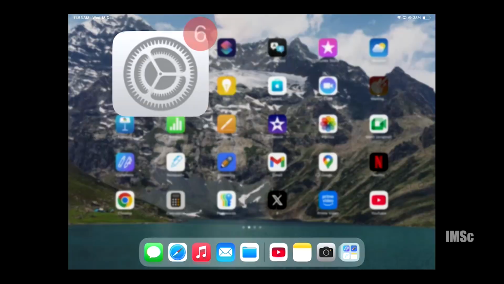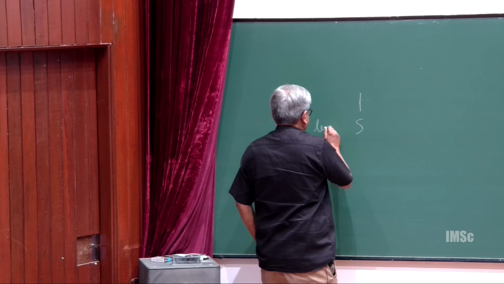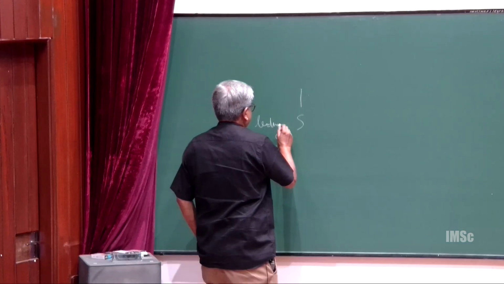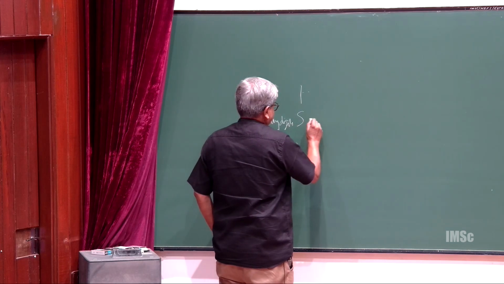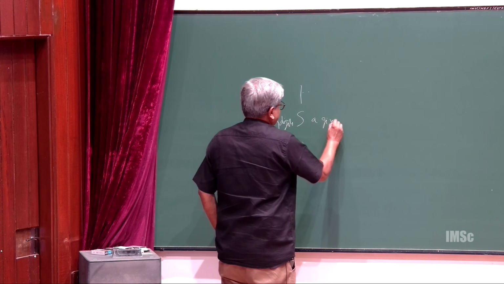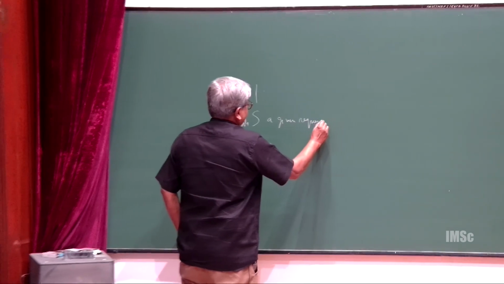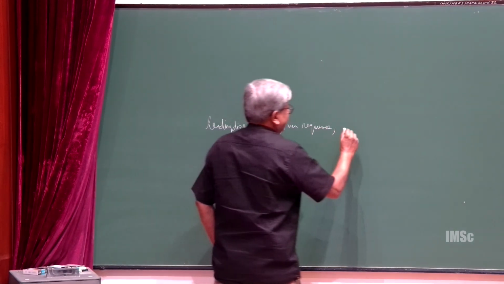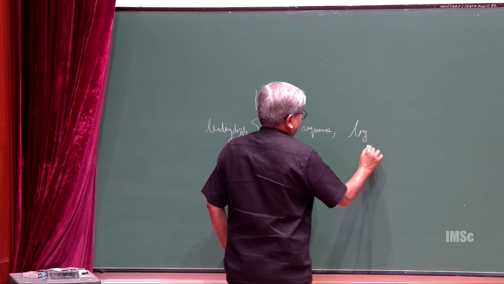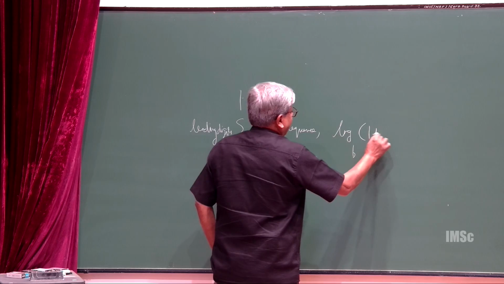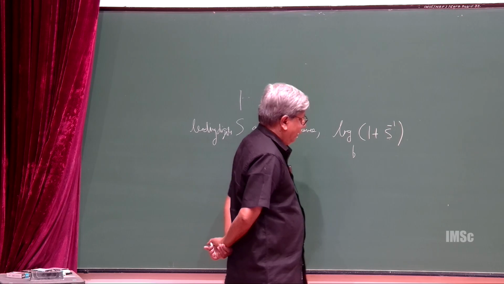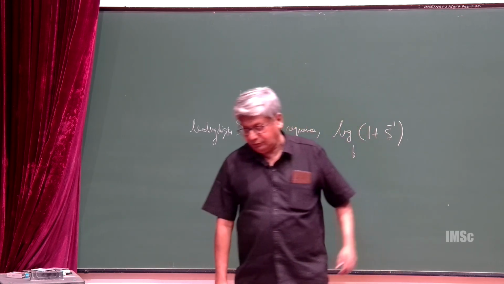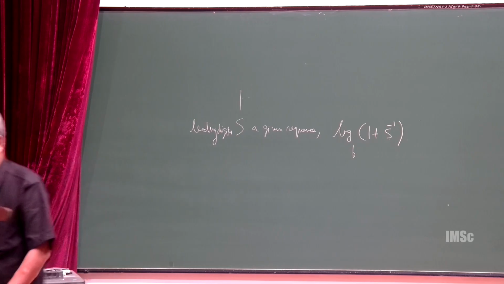I was considering leading digit 1, but instead of that, if I take a given sequence with leading digits S, then the general result is that this density, if it exists, will be log base B of 1 plus S inverse. So I am taking S equal to 1, and I am getting this. Then the set is said to be Benford.